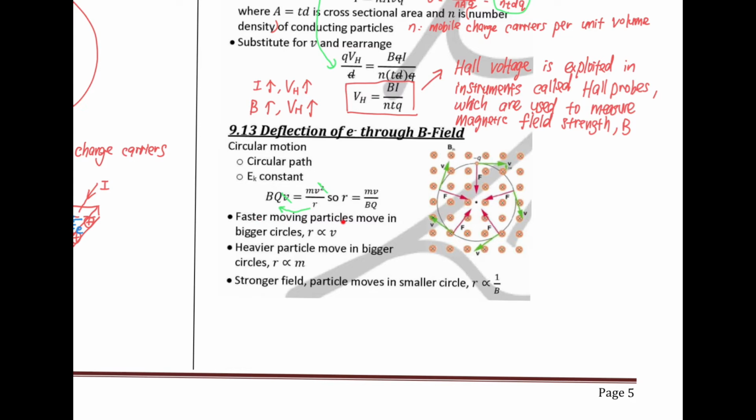Faster moving particles move in bigger circles. R is proportional to V. Reasonable also because you see the equation.